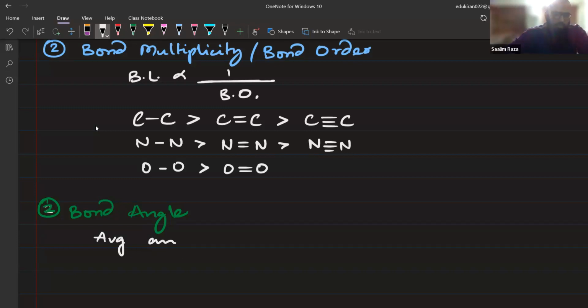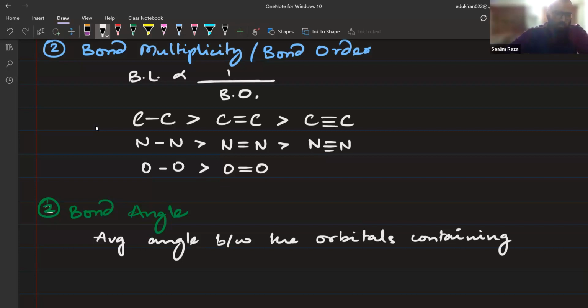It is the average angle between the orbitals containing bonding electron pair of the central atom, or around the central atom.